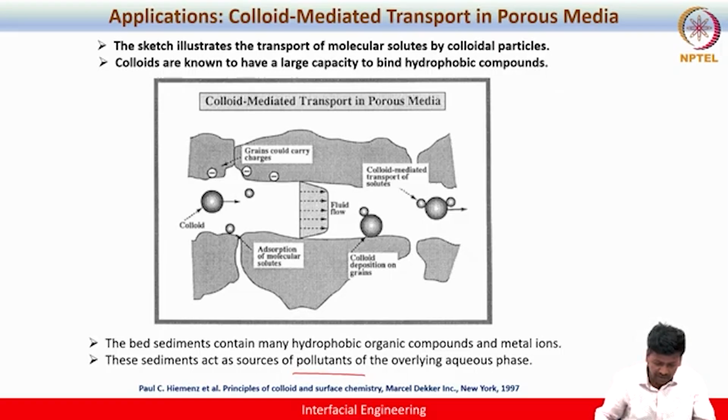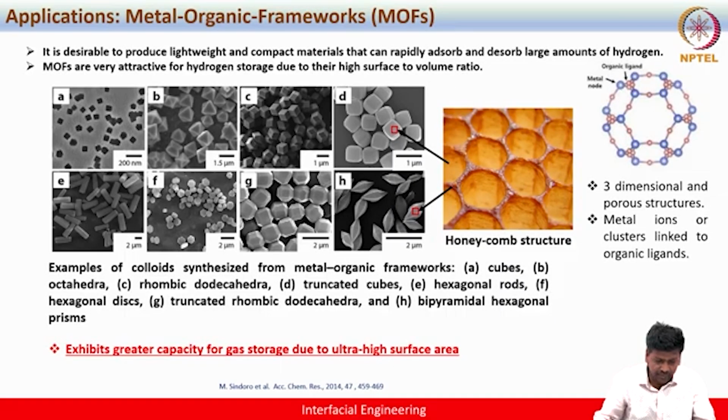So the next application that we will see is metal organic frameworks. Here also, we will look at the application from the point of view of surface to volume ratio. So basically, MOFs, which are metal organic frameworks, have taken center stage in recent times because of their capacity to absorb hydrogen or CO2 molecules in a significant amount, right?